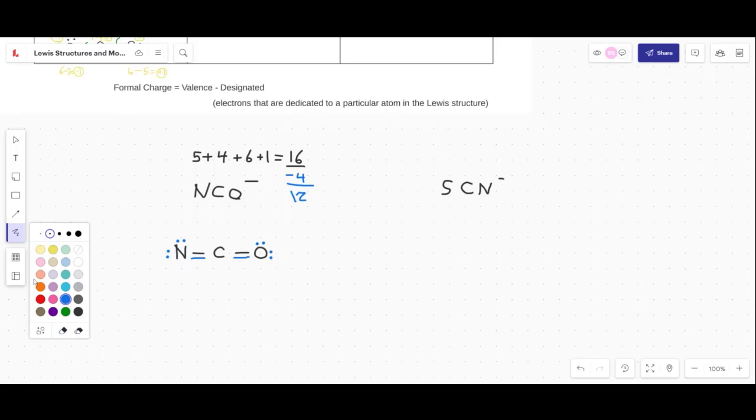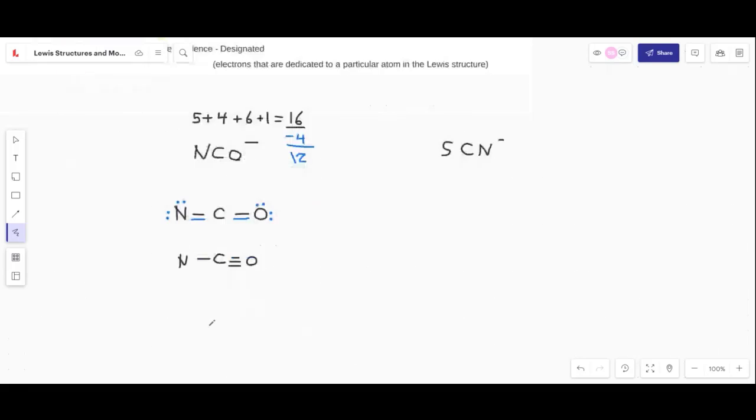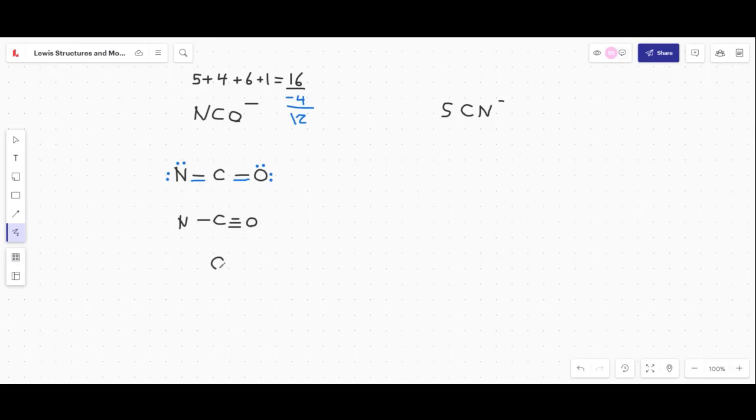Because remember, just like the other one, if we had wanted to, we could have shared 2 pairs of electrons from the oxygen, couldn't we? And only 1 pair from the nitrogen. And likewise, we could have shared 2 pairs from the nitrogen and only 1 pair from the oxygen. And no pairs from the oxygen.